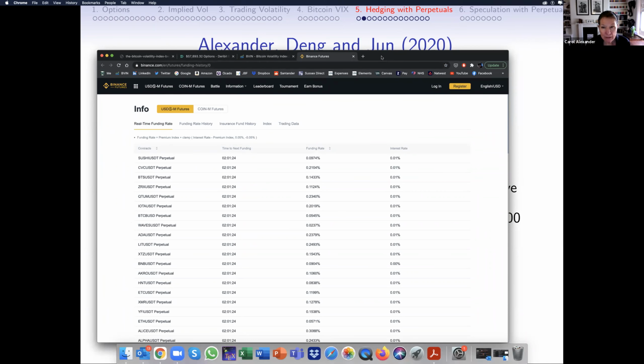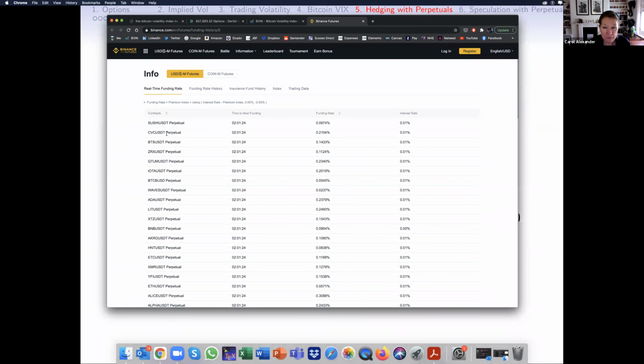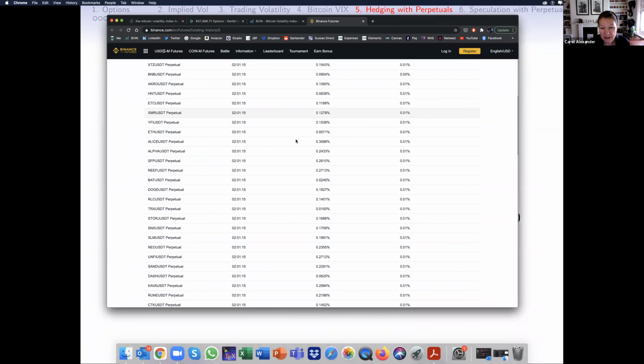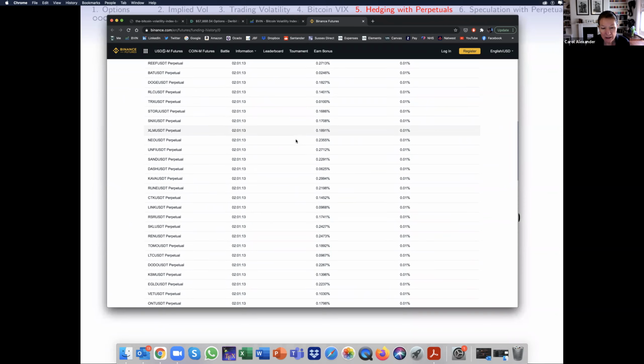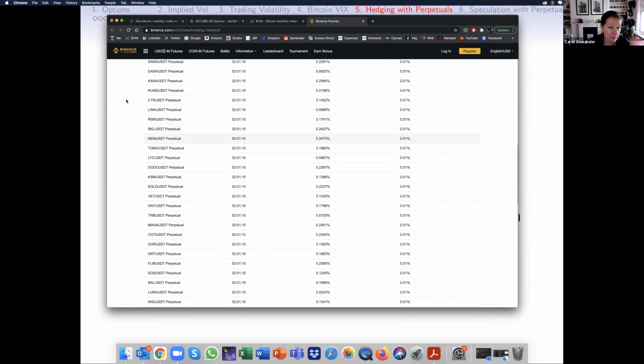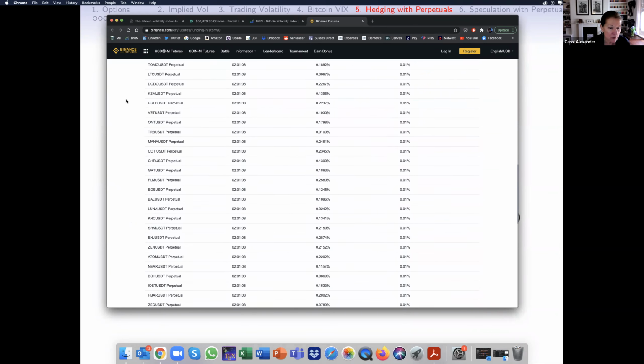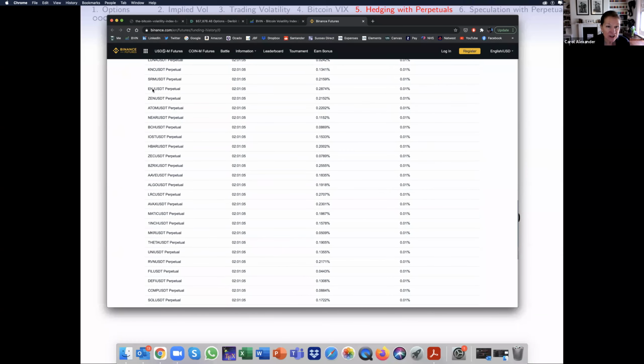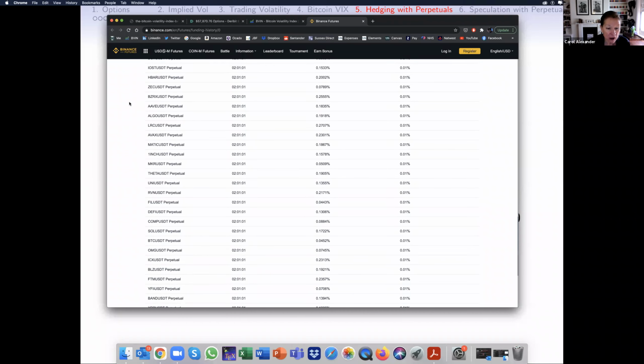It gives a real-time update on different types of perpetual. You can see the funding rate can be 0.2, it's generally less than 0.5%. And look at all these different perpetuals. You can trade almost everything. I haven't heard of half of these.